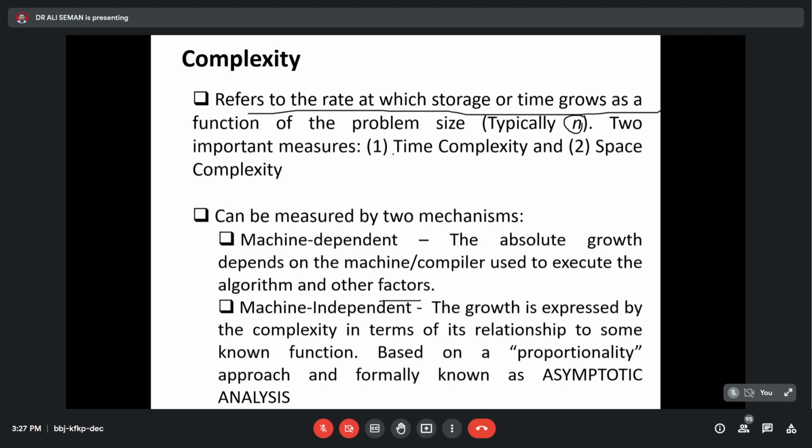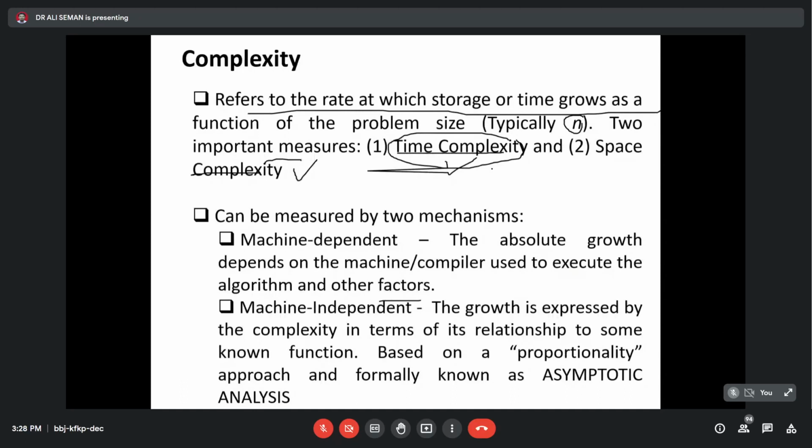Two important measures, as I mentioned just now, are time complexity and space complexity. Our main concern is time, not space, because nowadays we have enough memory. But for time, the problem still cannot be solved easily because it depends on the complexity.